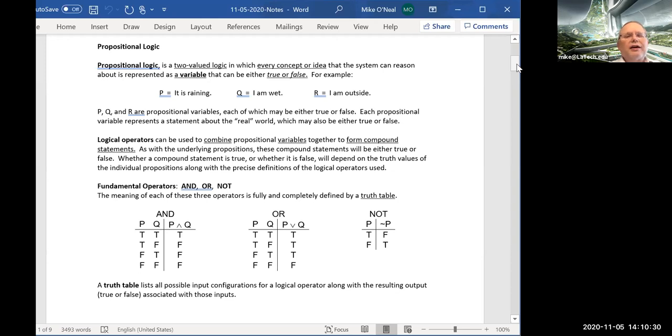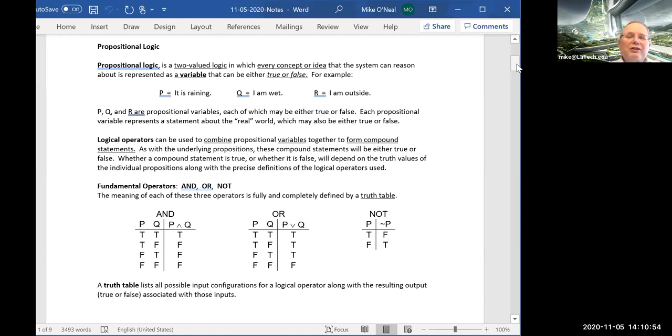We can let Q be, I am wet. Well, that's also false right now because I'm dry, as you can see from the cam image. And R is, I am outside. Well, I don't know. If I were on the Elysium space station, would I be outside or inside? That's kind of a hard one. But no, I'm actually inside my home.